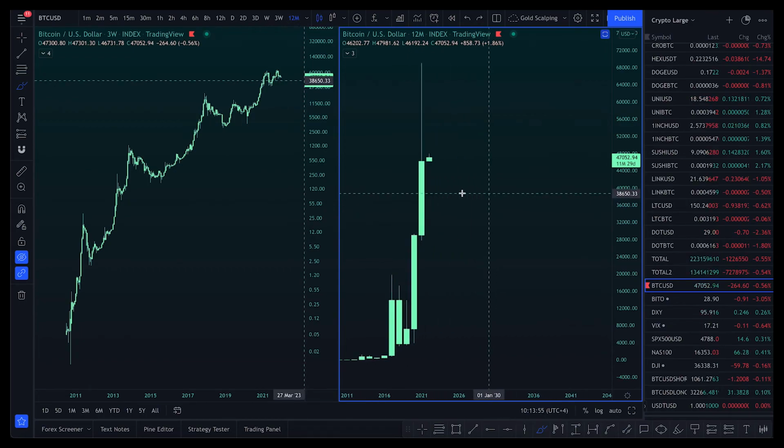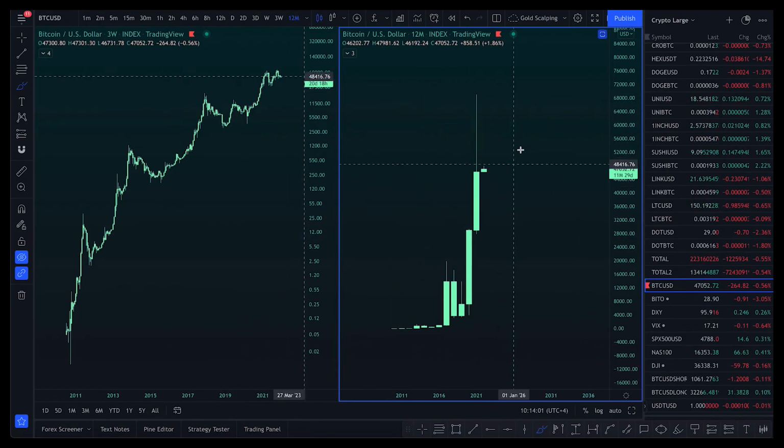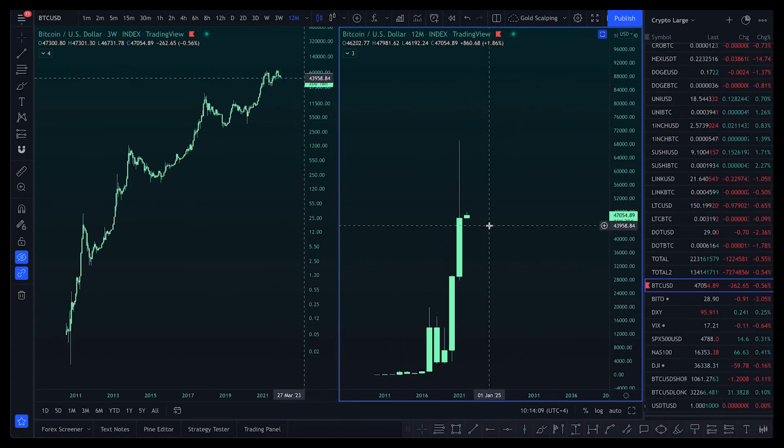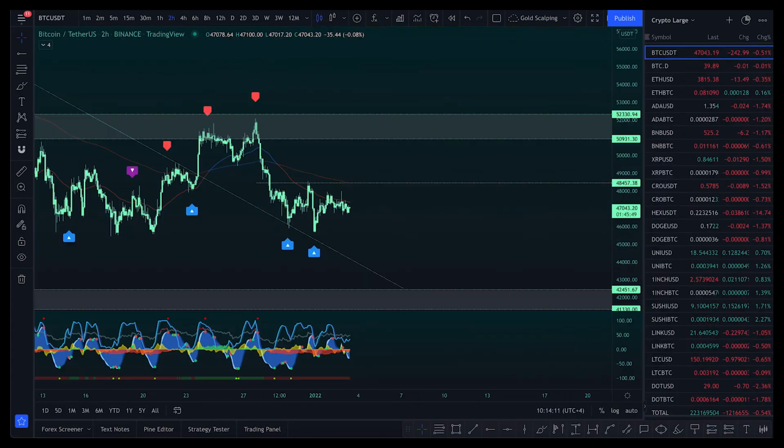That could happen, and that would not be the end of the world. As I said, over a decade, this is going up in a curve, meaning we're going to see much higher prices in the future. That's what I expect as adoption comes in, right? Adoption is still in very early days.